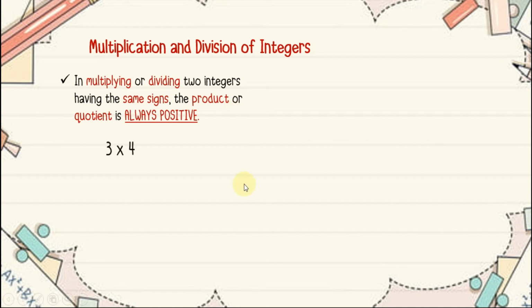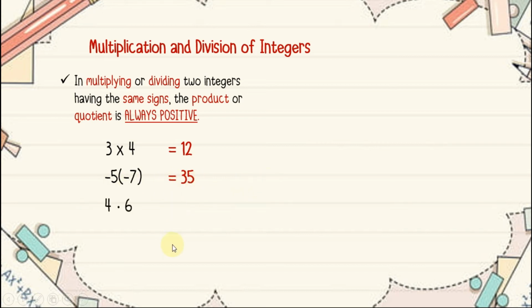Example, positive 3 times positive 4 is equal to positive 12. Negative 5 times negative 7 is equal to positive 35. So in the first example, they are both positive, so the answer is 12. Second example, they are both negative, therefore the product is positive.